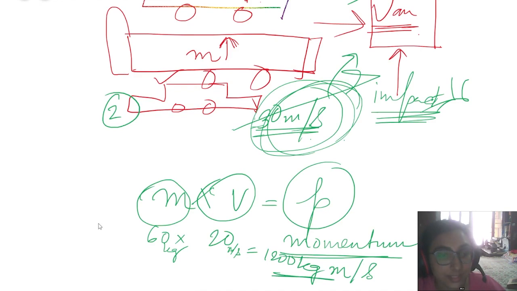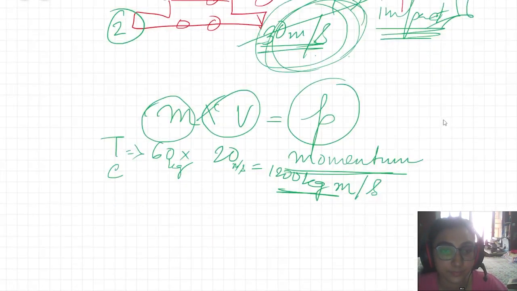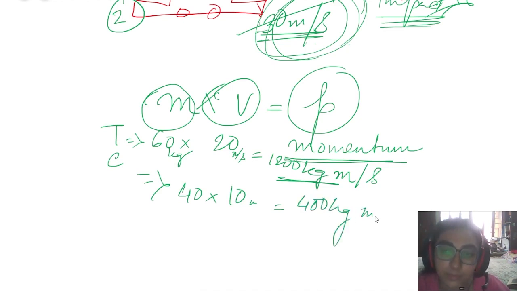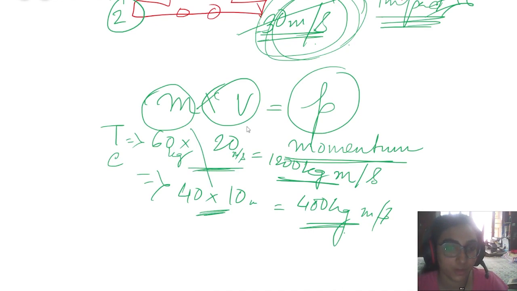And at the same time, for the car, let's say it was 40 into 10, so it was 400 kg meter per second. So from this we can understand that obviously the impact of the truck is greater than the car. It doesn't always have to be that both have the same mass and only velocity is different, etc. It's not like that.